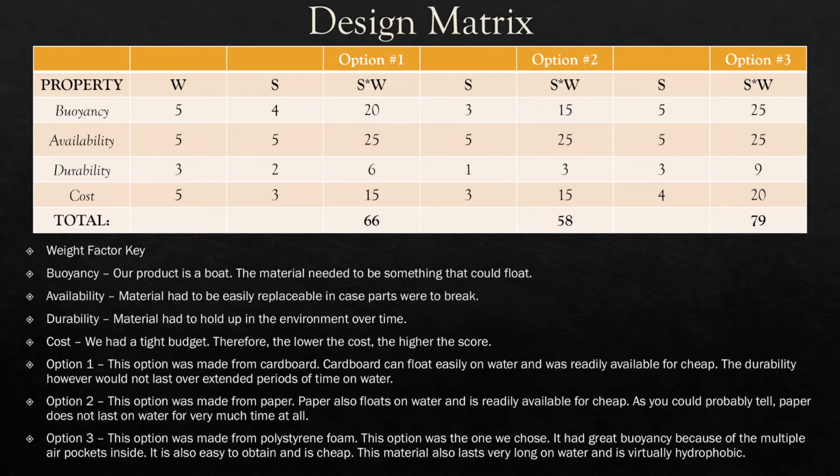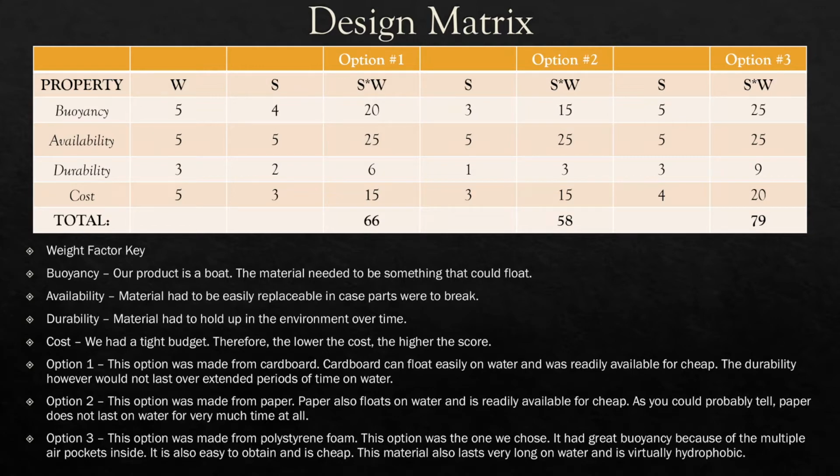The next property after that is durability, and it had to be durable because the boat would be in weather-like conditions, like it would be getting wet, sometimes it'd be dry, it'd be hot. I feel like this was very important too because it needed to hold up after long time use in the rain or on wet surfaces.